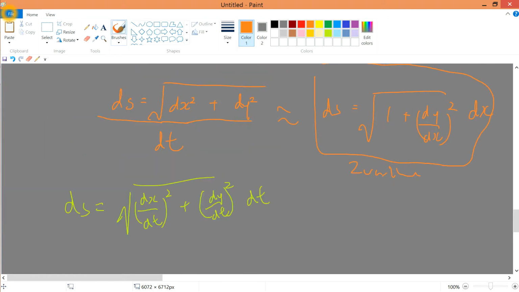This is three variables. You just compare. You have dx, you have dy, and you have dt. This is only dy and dx, right? Two variables is dy and dx. Three variables, you have another extra dt over here, and it's based on what you divide, right?